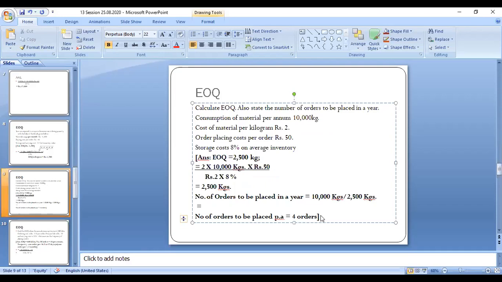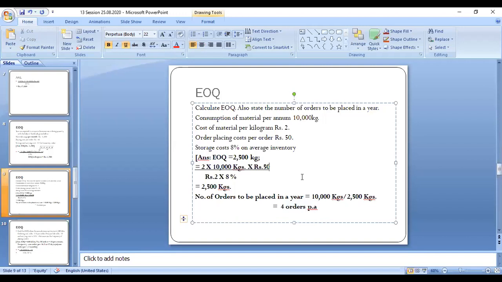This is the answer: 4 orders placed per annum. They may ask one more question like this, so you also have to calculate it if it is given in the question.